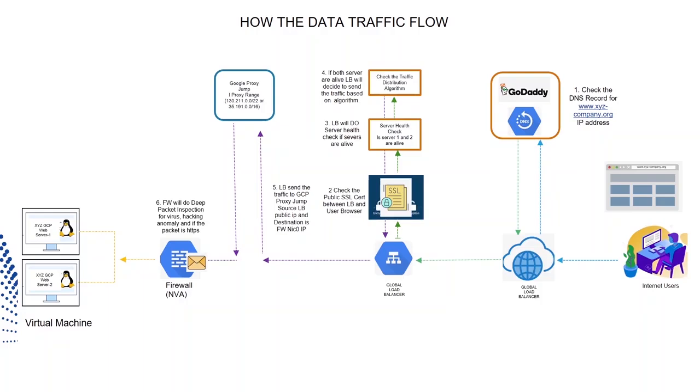Then the packet enters the firewall via NIC0. The firewall performs Deep Packet Inspection, DPI. Since the load balancer already decrypted the traffic, the firewall can read the data to see if it contains viruses or hacking attempts. If the packet is safe, the firewall forwards it from NIC0, the outside untrusted zone, to NIC1, the inside trusted zone.